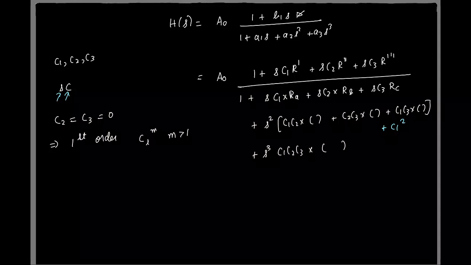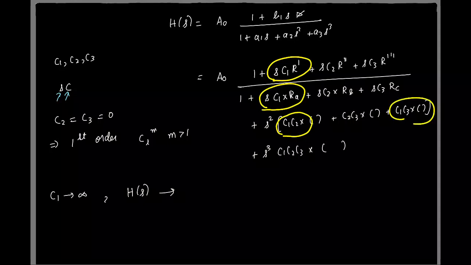Okay, so now let's get back to the discussion. This is the transfer function. This term is not there. Now let us say here I tend C1 to infinity. What will happen to H of s? Will it be 0 or non-zero? If I tend C1 to infinity, only this term will dominate in the numerator. In the denominator, again, only the C1 terms will dominate.